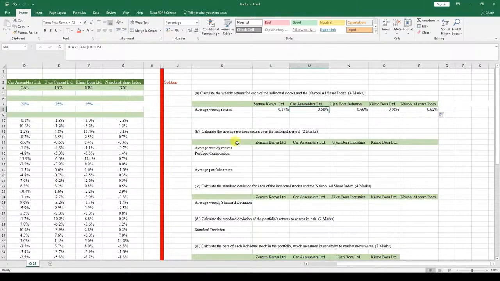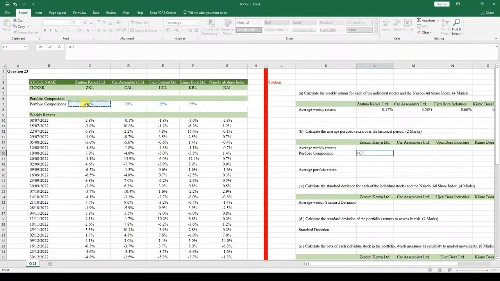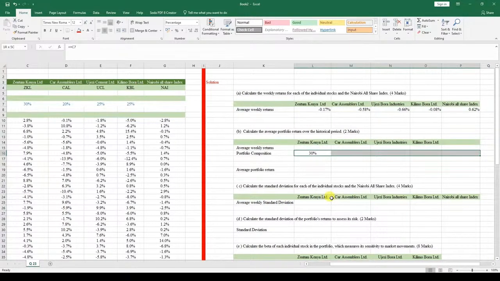You are told to calculate the average portfolio return over the historical period. We have been given the portfolio composition, and it can be linked with this top part right here. Enter. And we link it with all of them towards the right, Control R, like that, so that you can pick the portfolio composition.